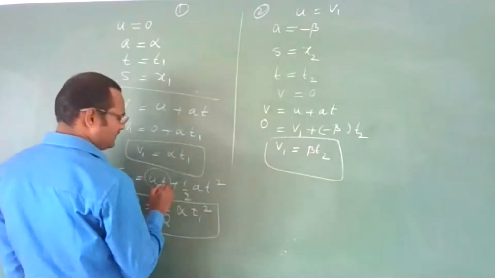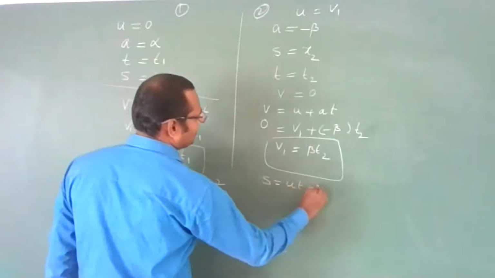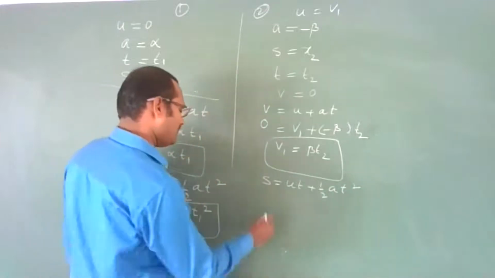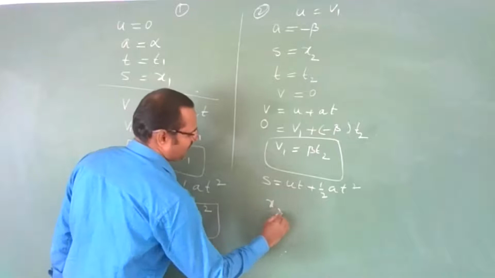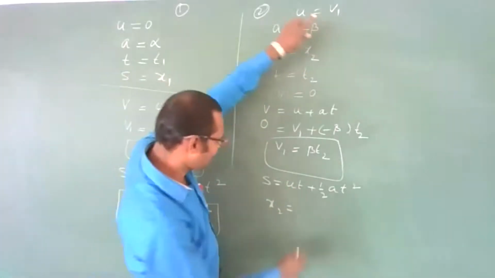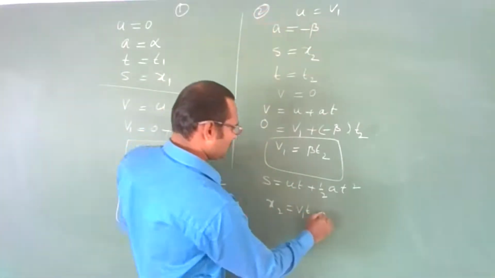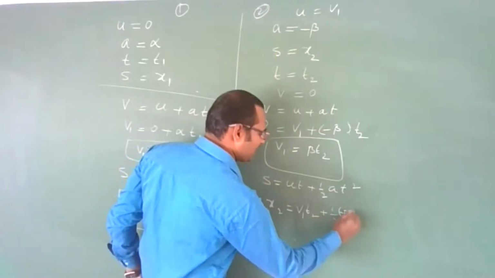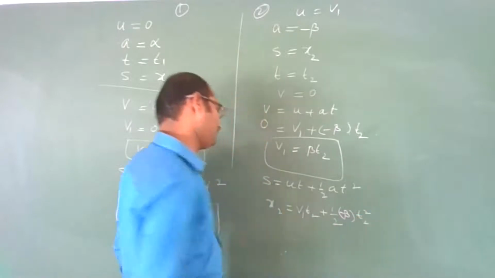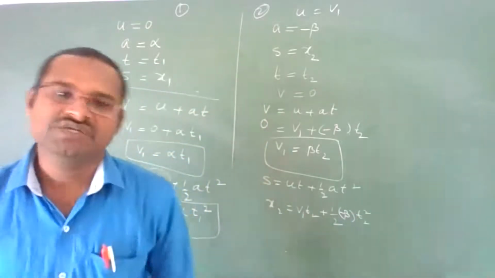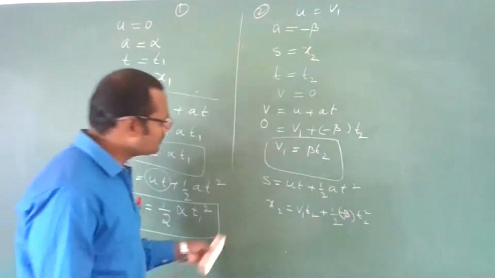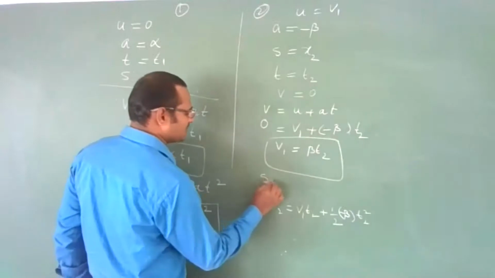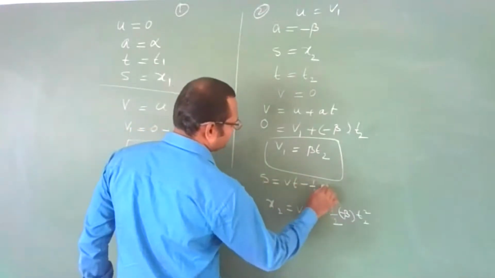Again applying s is equal to ut plus half a t square, the distance x2 is equal to v1 t2 plus half into minus beta t2 square. This is a very lengthy equation, so I use one more equation instead: s is equal to vt minus half a t square.